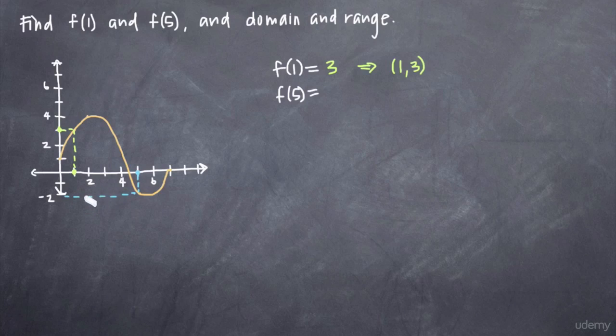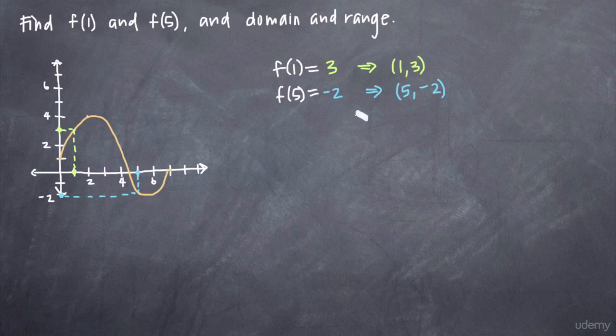I haven't drawn this graph perfectly, but the idea is we run into -2 here on the y-axis, so we get -2 for f of 5. And that tells us that we have a coordinate point on the graph of our function of (5, -2). That means that when we plug in 5 to our function, we'll get back a value of -2, or when we plug in 1 to our function, we'll get back a value of 3.